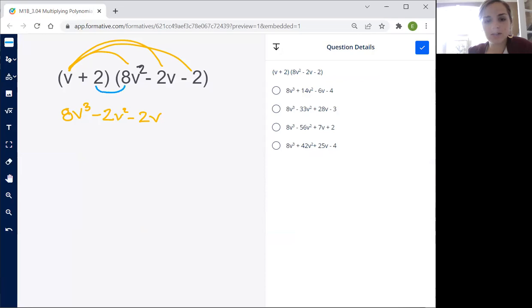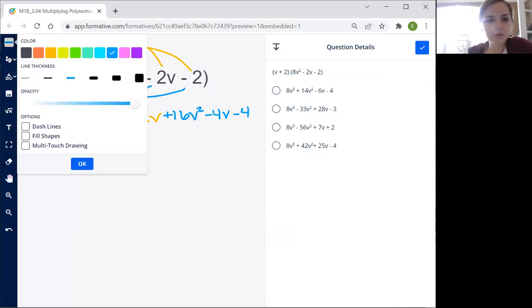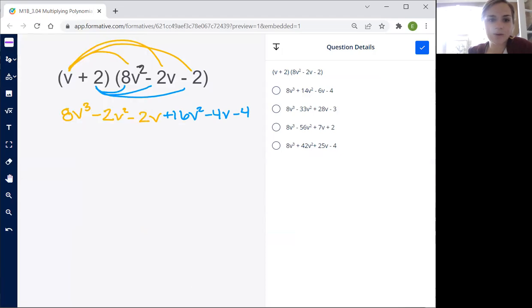Then we have 2 times 8v, so that would be positive 16v squared. 2 times negative 2v is negative 4v. And lastly, 2 times negative 2 is negative 4. This is probably the only place where the box method kind of helps you out because they're a little more organized. But again, you can still see your like terms by their squares and their variables.